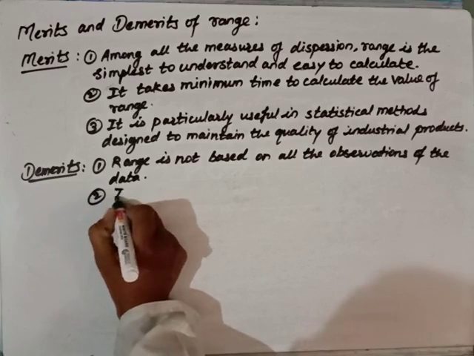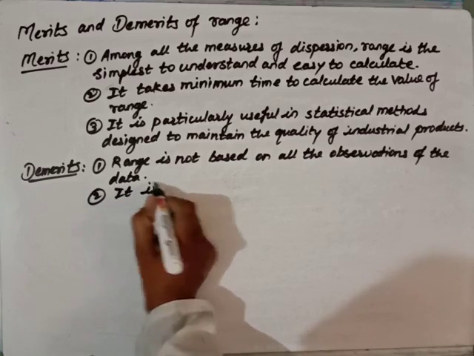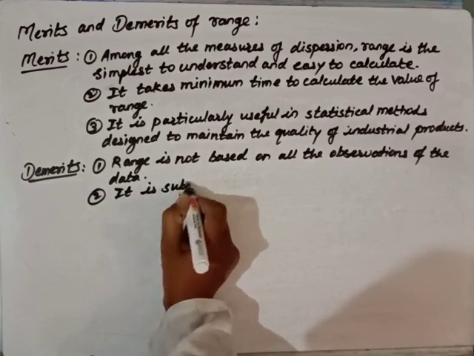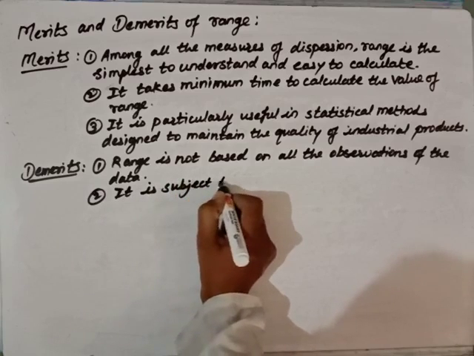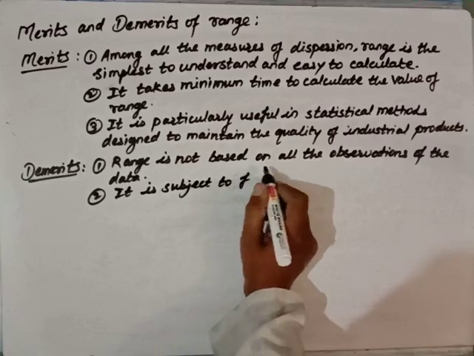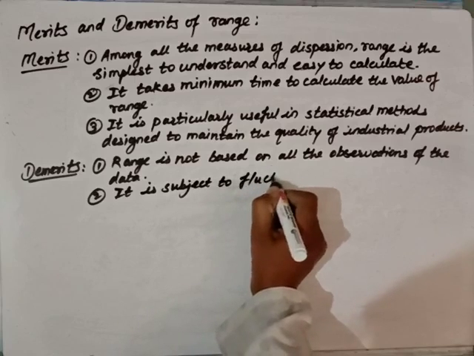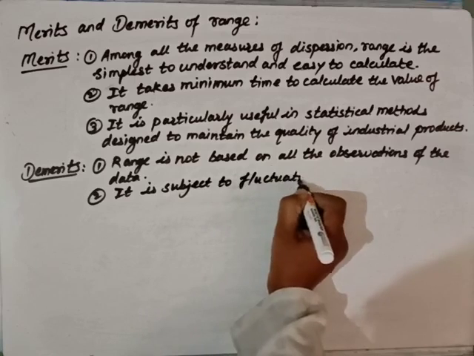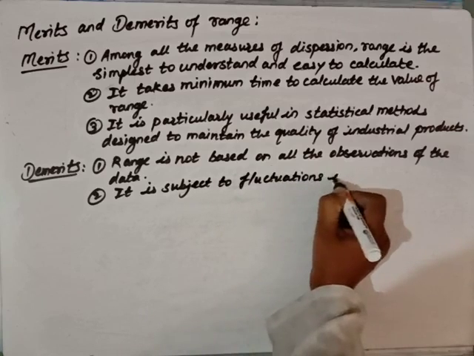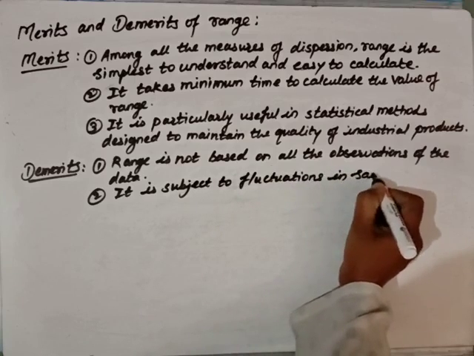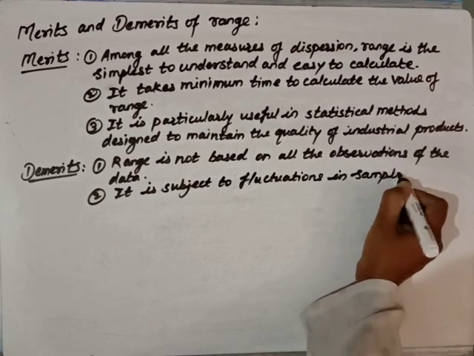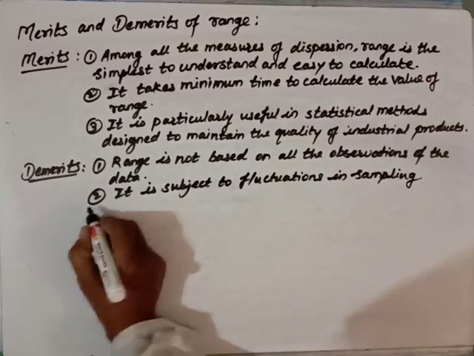Second, it is subject to fluctuations in sampling. In sampling means it may vary as the data varies.